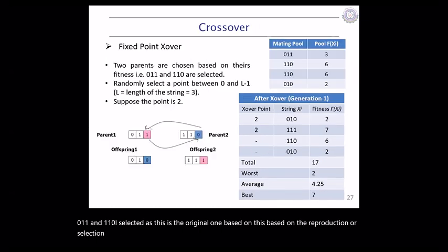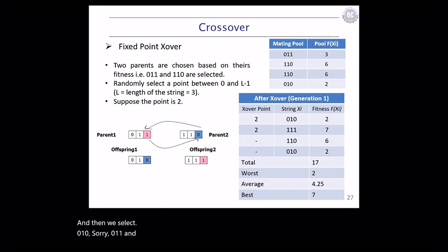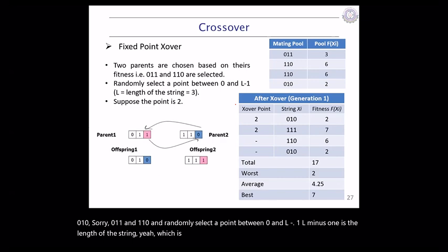So we bring it to the crossover here, and we select 0, 1, 1 and 1, 1, 0, and randomly select a point between 0 and L minus 1. L is the length of the string, which is 3, so 3 minus 1. Suppose the point is 2.